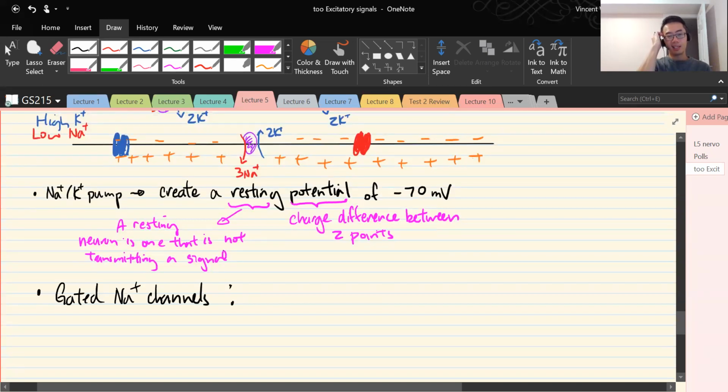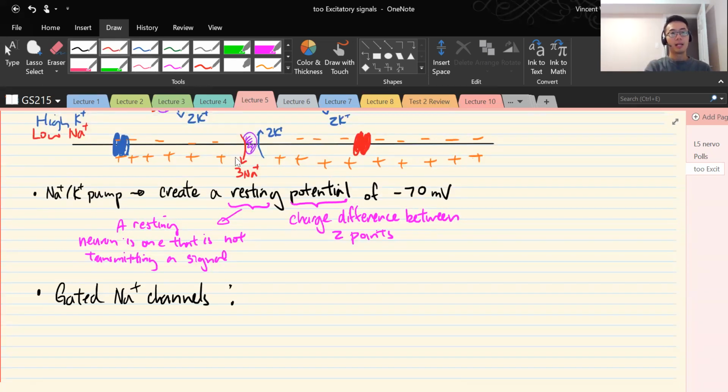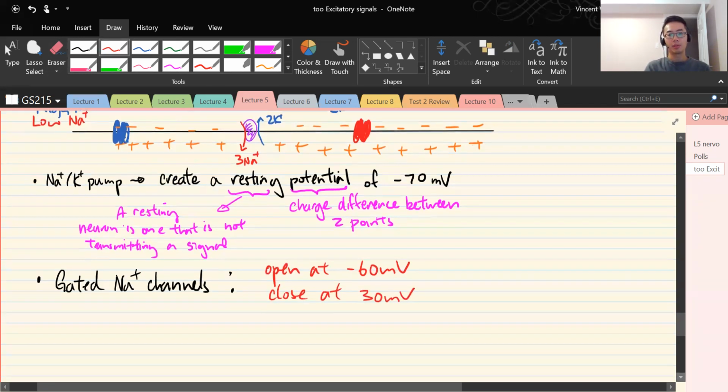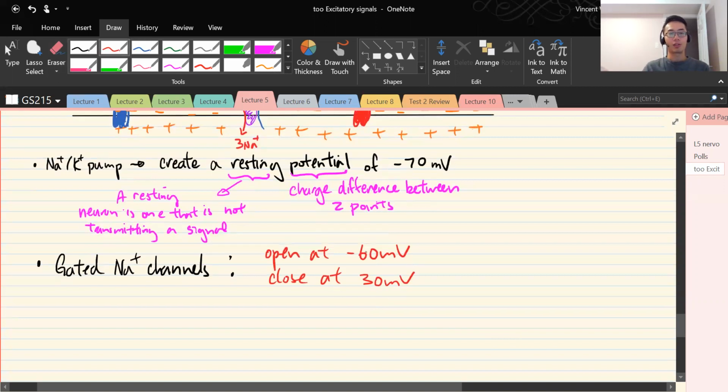Again, you just have to believe me. They will open at negative 60 millivolts, and they will close at about 30 millivolts. I rounded these numbers to make it easier for you to remember. If you read in the textbook and it says like 33 or something, don't freak out.